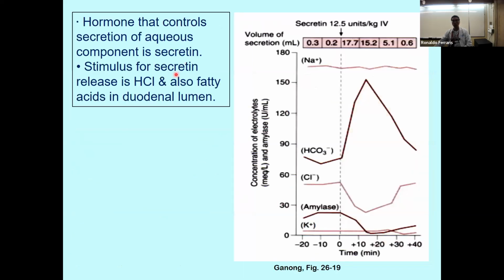The hormone that controls the secretion, okay, so this is a human volunteer. This is time, and this is the concentration of electrolytes in the pancreatic secretion. So this is the normal levels of amylase, potassium, sodium.